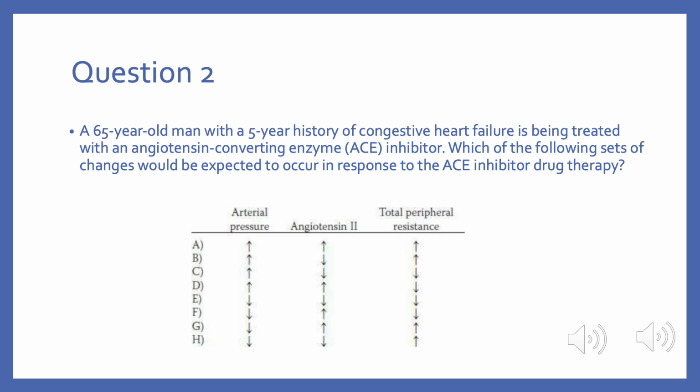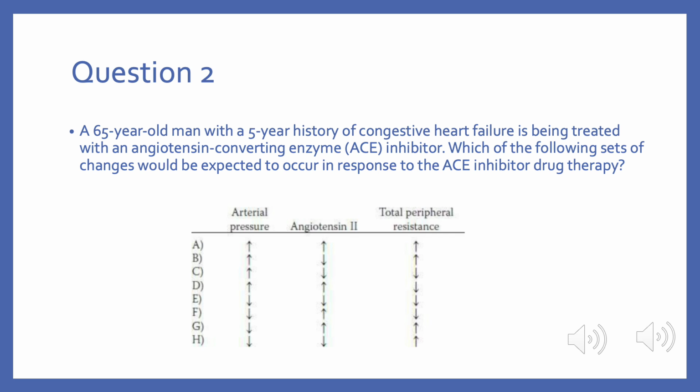But if you inhibit ACE, you prevent conversion of angiotensin I to angiotensin II, so clearly ACE inhibitors will decrease angiotensin II. Now, angiotensin II helps to increase arterial pressure, so if you decrease its amount, you will also decrease arterial pressure. Total peripheral resistance is in fact what angiotensin II is affecting in order to achieve an increase in arterial pressure.